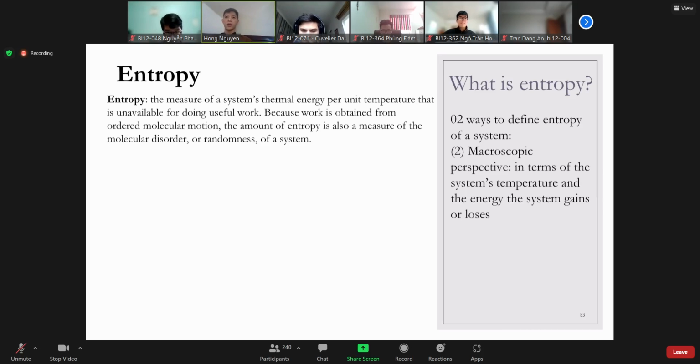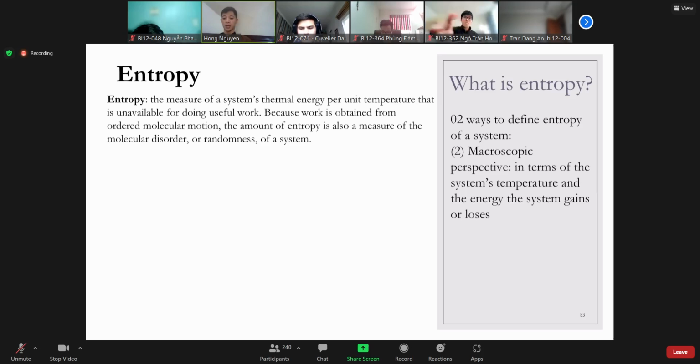And if we are able to measure the energy per unit temperature that is unavailable for doing work, we also measure the molecular disorder, or in another word, the randomness of the system. So this corresponds to the friction, to the dissipation, and so on.